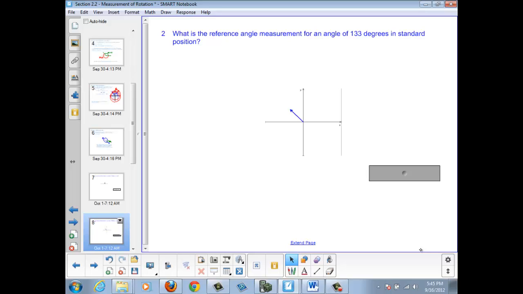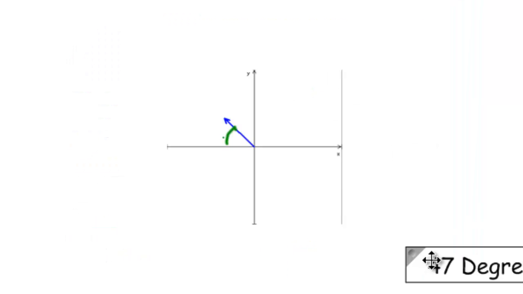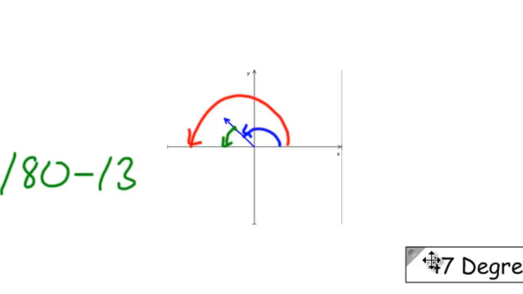I'll pause. Hopefully you got 47 degrees. We want this angle here, which would be everything left over from our original angle. The sum should be 180, so we're going to take 180 minus 133 to get 47 degrees.